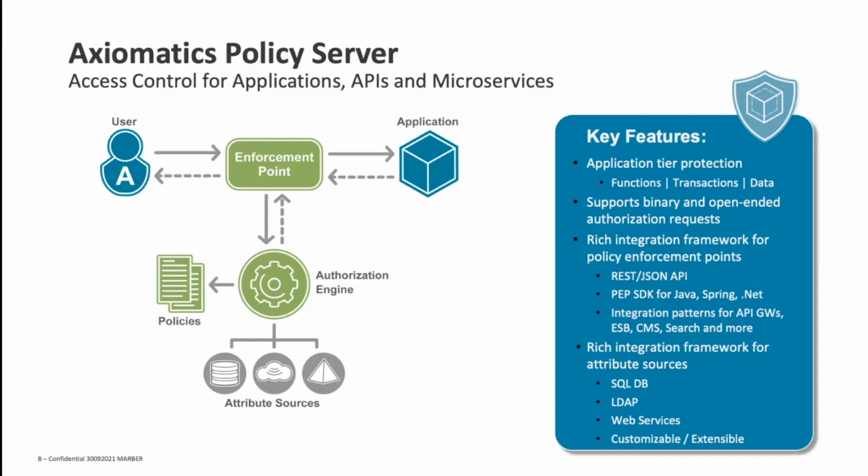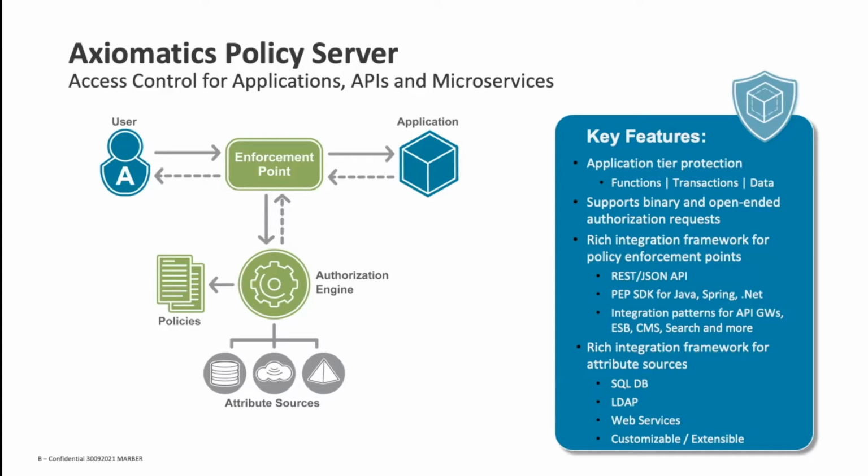So we're going to talk a little bit today about the Axiomatics policy server and several of its capabilities. At the very basics of what we do here at Axiomatics, we're big proponents of externalizing authorization from applications, as represented here by this cube. Typically, most of our customers come to us with lots of applications and a lot of authorization code embedded into those applications.